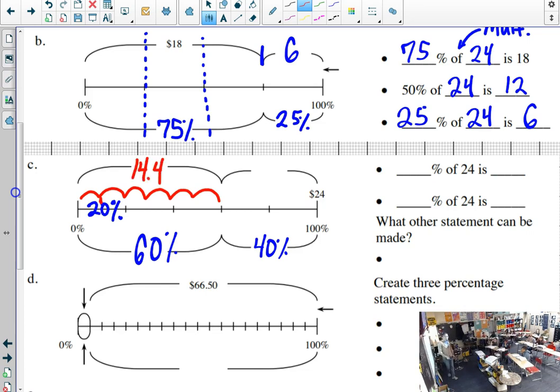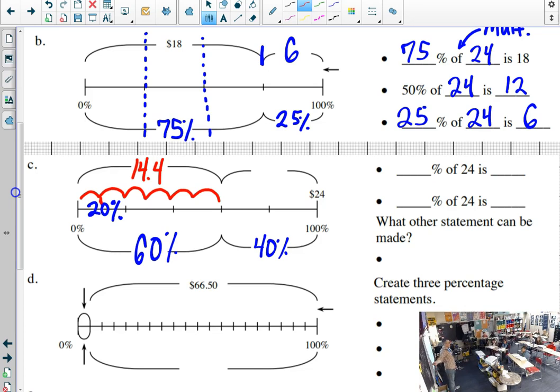Now, another way we could do that, the equation that should be on your cheat sheet now, my percent 0.60 times my whole 24 should get you 14.4. Now, everyone with a calculator try that equation, but now to find our 40% section. So type in, what's the decimal of 40%?